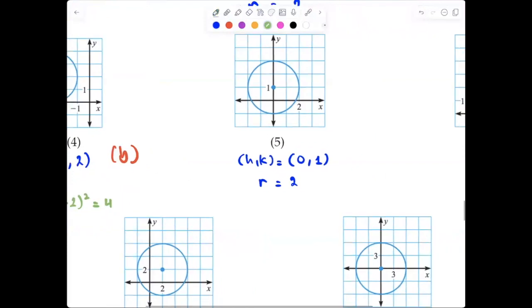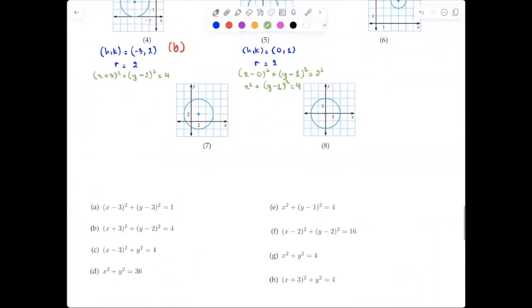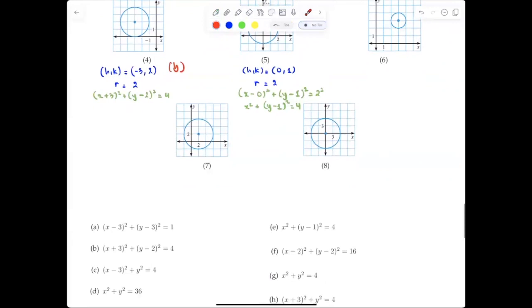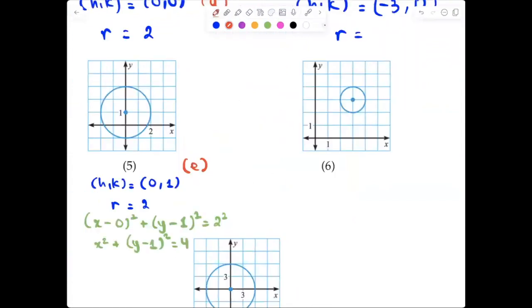So the equation of the circle in standard form is x minus 0 squared plus y minus 1 squared equal to 2 squared, or x squared plus y minus 1 squared equal to 4. Now you go down to the choices again, and E is going to be the choice for number 5.